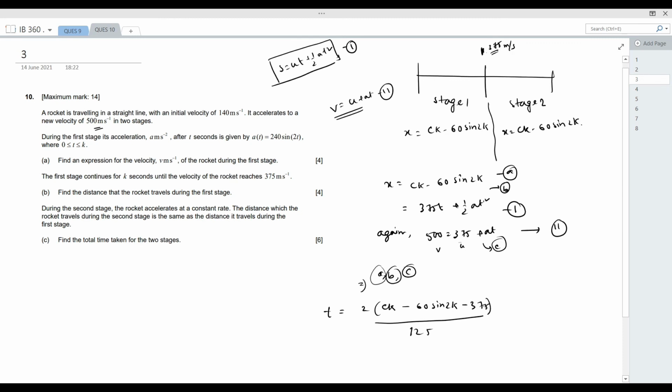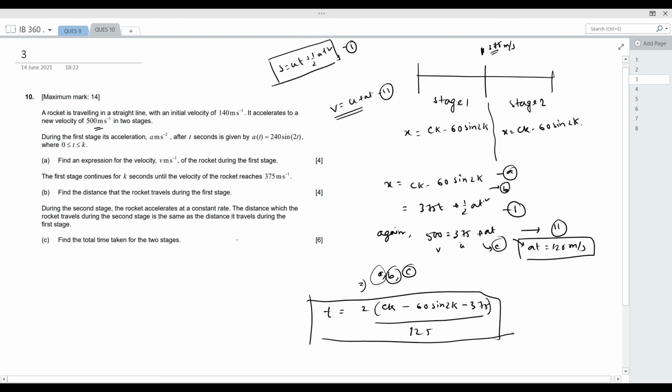From here you can also write a to be 125 meter per second squared. So after all these things, we can find out the total time taken for the two stages. The time taken for the first stage plus the time taken for the second stage gives the complete thing. So in this way this problem will be solved.